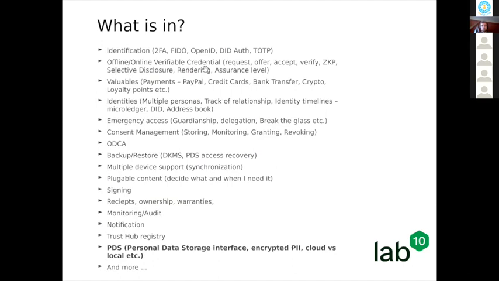There is a verifiable credential aspect, so everything related to transporting trust. There are valuables, so anything related to transferring value, existing systems and new systems as well, like cryptocurrency. Identities, in the sense of your identities which you use against anybody else, and everything related to that identity around it, like address book, identity timelines, microledger, multiple personas. So you have one personal, one for work, and one for, let's say, a hobby.